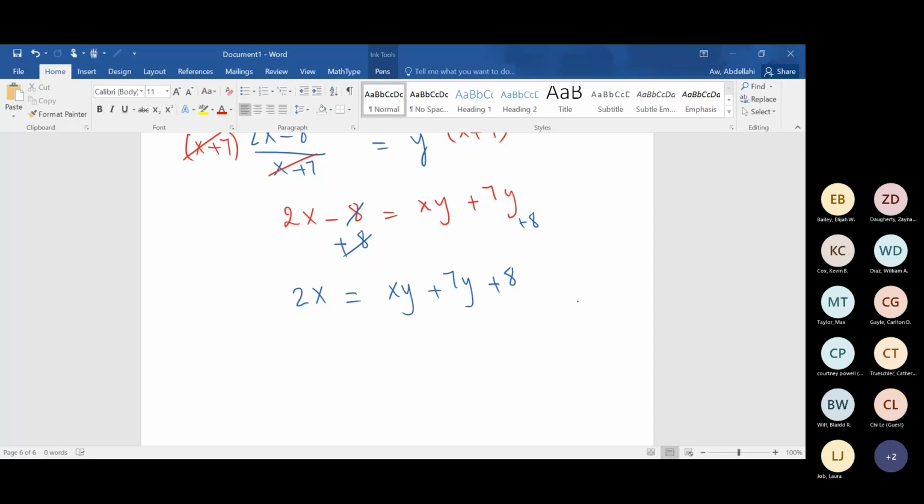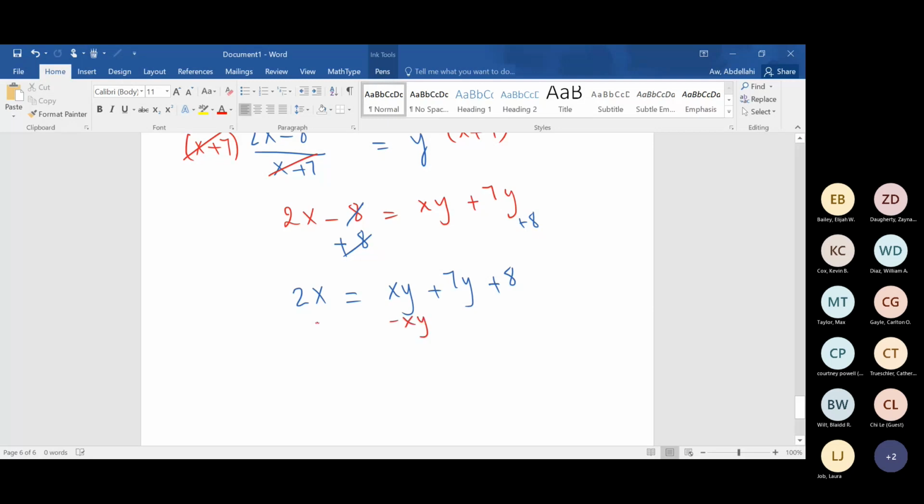Remember, we need the x by itself. But here, how many x terms do you see? 2. So you have to subtract 2x from both sides? Yeah, you have to have the x terms by themselves. Since I already have 7y plus 8 on the right side, I can have the x's on the left side, right? You see, minus xy.